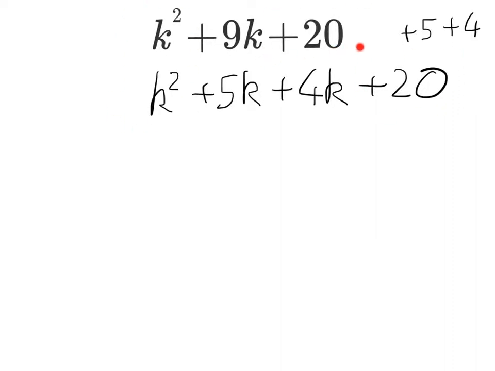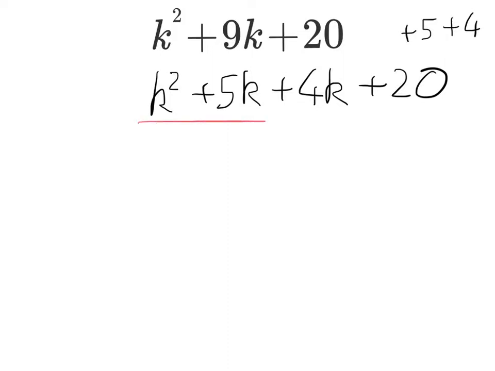My plus 20 here, it's not changed either. And really this 9k hasn't changed either, because positive 5k, positive 4k, when we combine those, it gives me 9k.